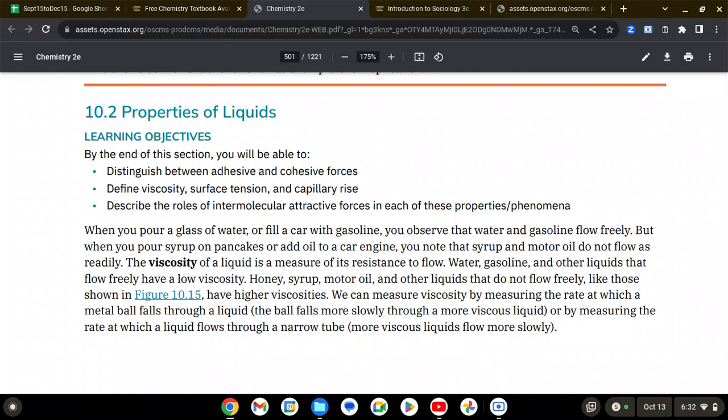The viscosity of a liquid is a measure of its resistance to flow. Water, gasoline, and other liquids that flow freely have a low viscosity. Honey, syrup, motor oil, and other liquids that do not flow freely, like those shown in figure 10.15, have higher viscosities. We can measure viscosity by measuring the rate at which a metal ball falls through a liquid, or by measuring the rate at which a liquid flows through a narrow tube.